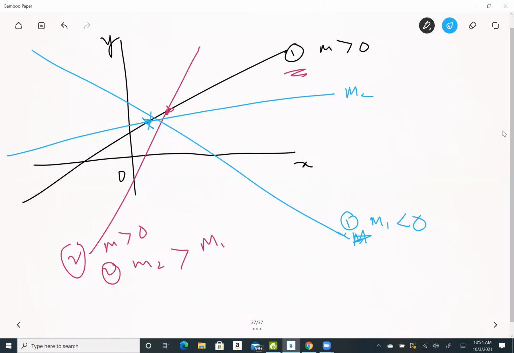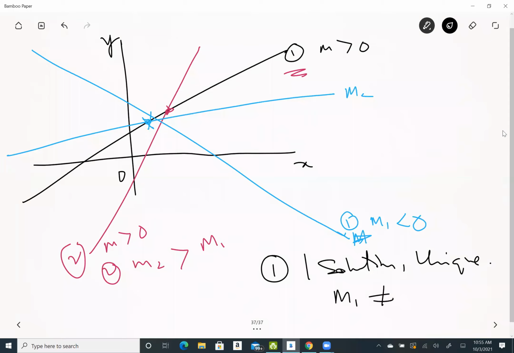The same, right? So for situation number 1, where you have one solution, which we call a unique solution, we need only one thing: M1 is not equal to M2.